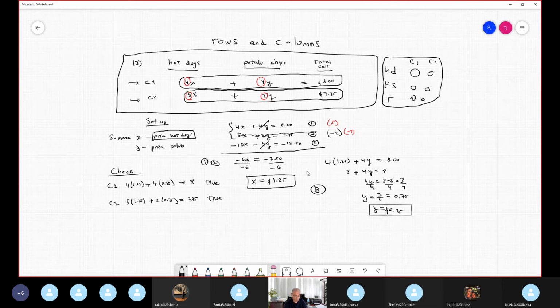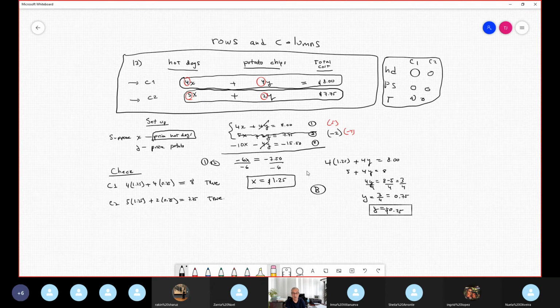No. Oh, yes. Confusing. I don't want to put another crazy problem. No. It's a typical problem. Basically, it's the items that you buy, and you determine the unit price.